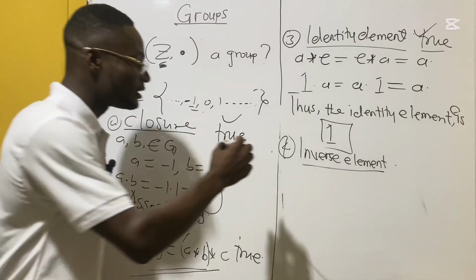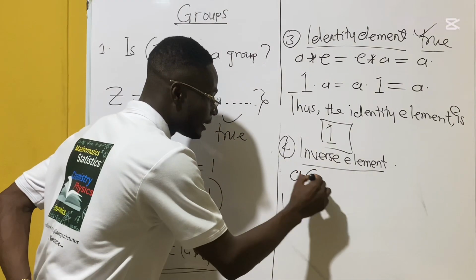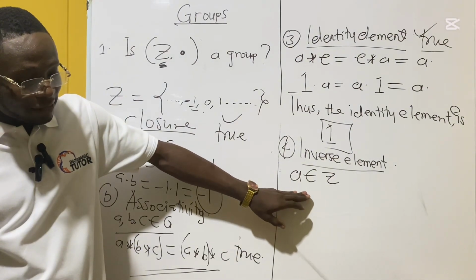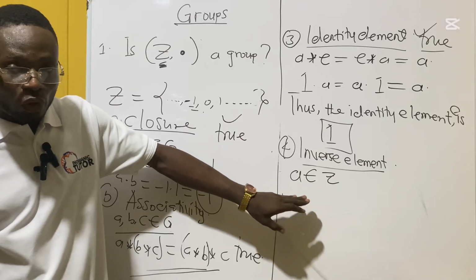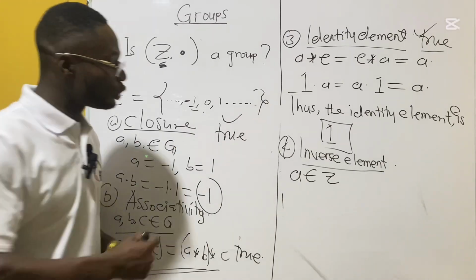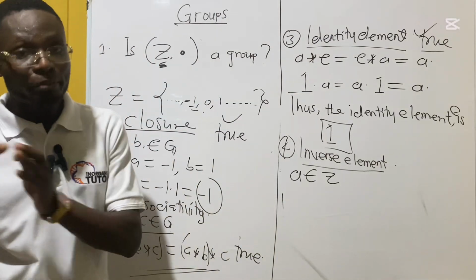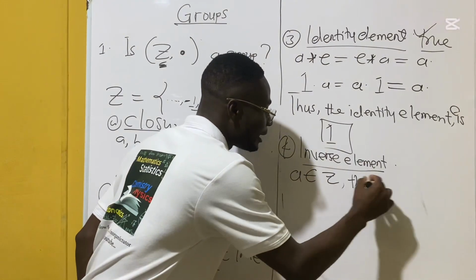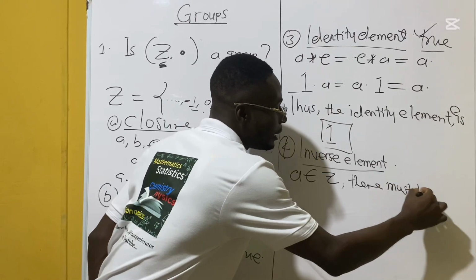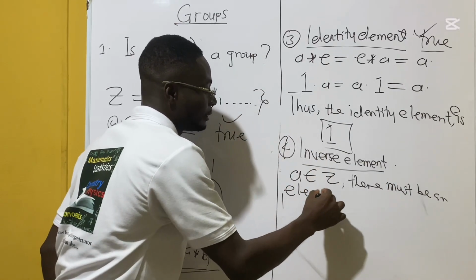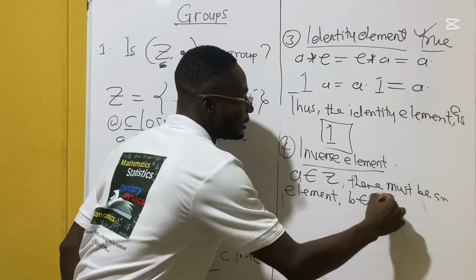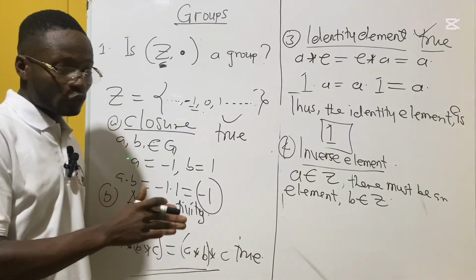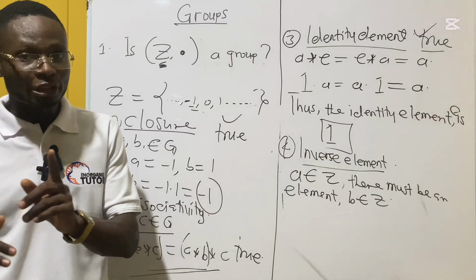So for instance, for every element A that belongs to Z, there must be an element called B that is also in Z, such that A dot B is equal to B dot A, and that should be equal to 1.